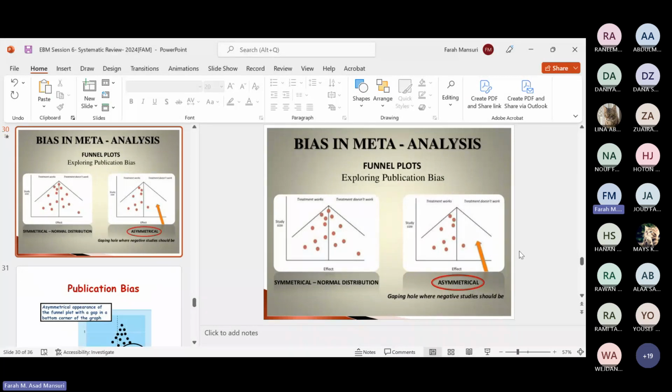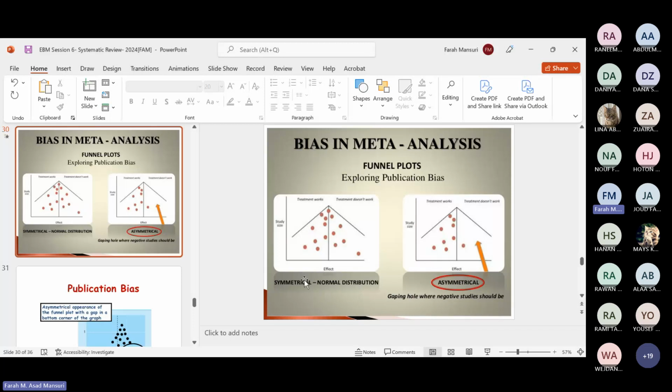So that means all those articles which have approved the positive treatment are more, and for the treatment not working there is only one here. So this is an asymmetrical funnel plot. That means publication bias is there.